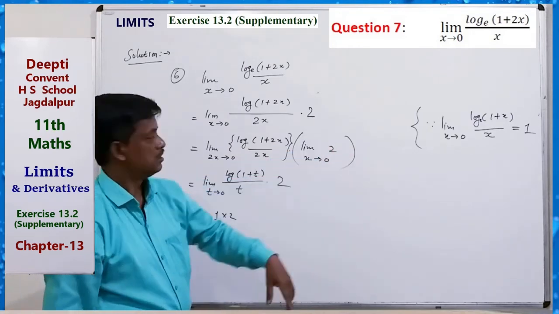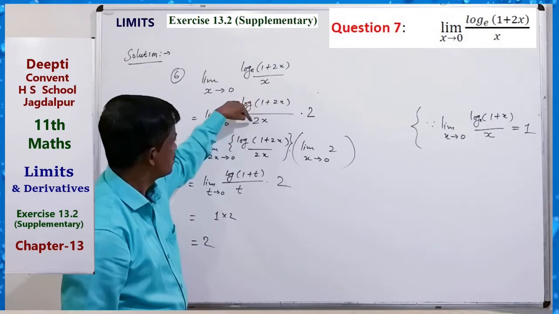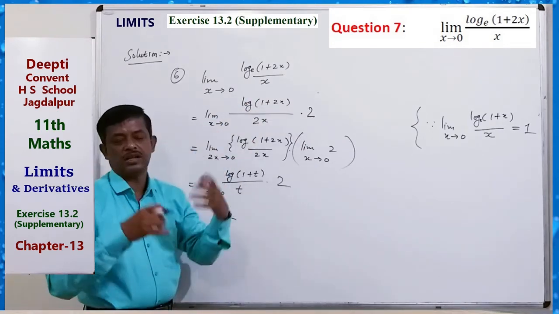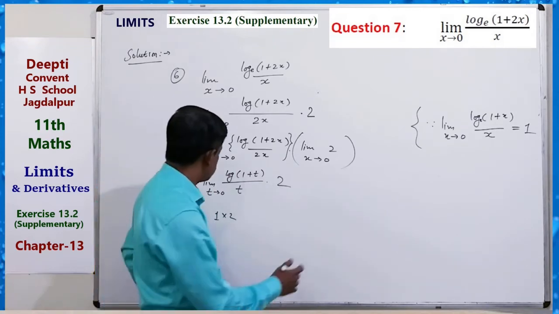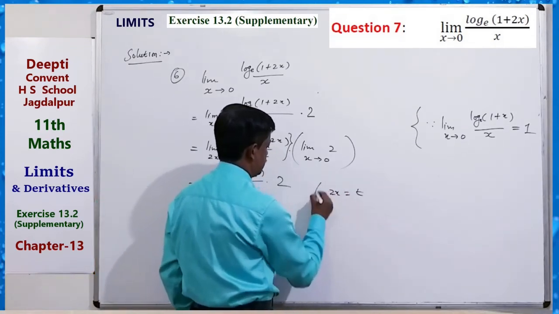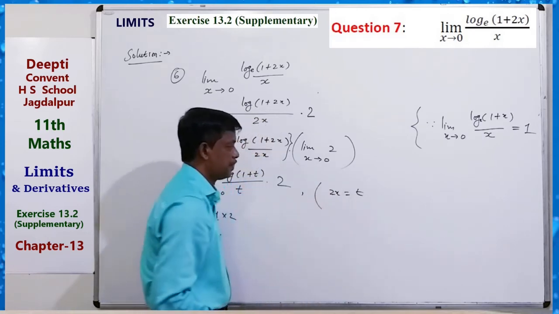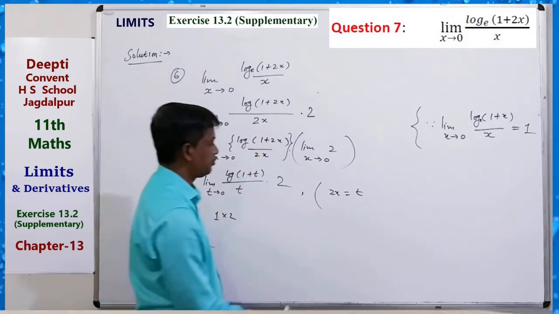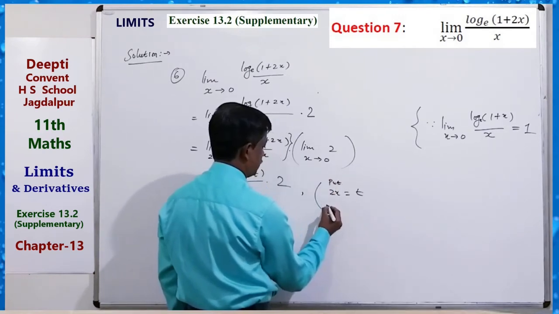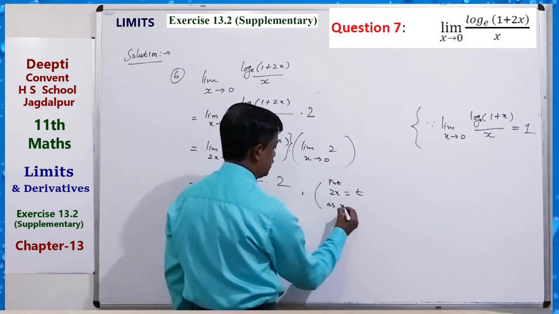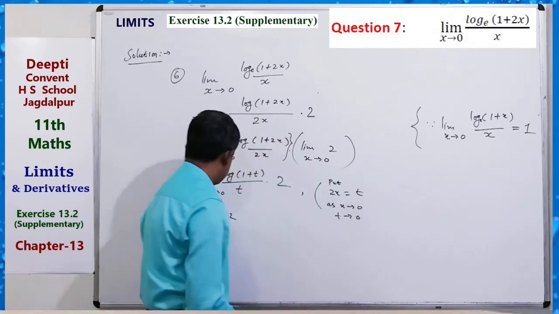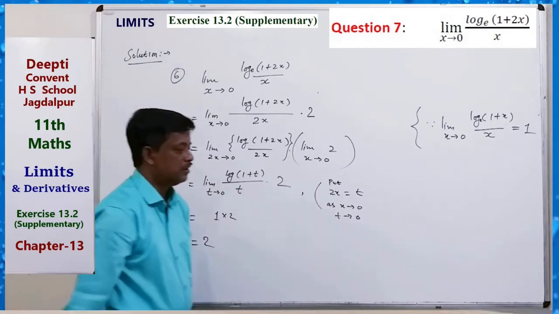Here it is 2x, and as x tending to 0, 2x also tending to 0. So put 2x equals to t; as x tending to 0, t tending to 0. So this is the solution.